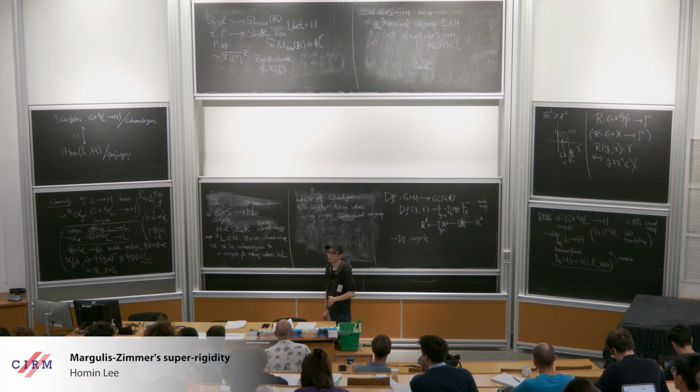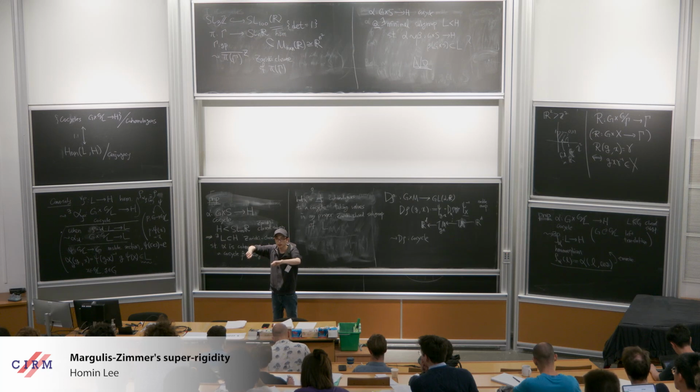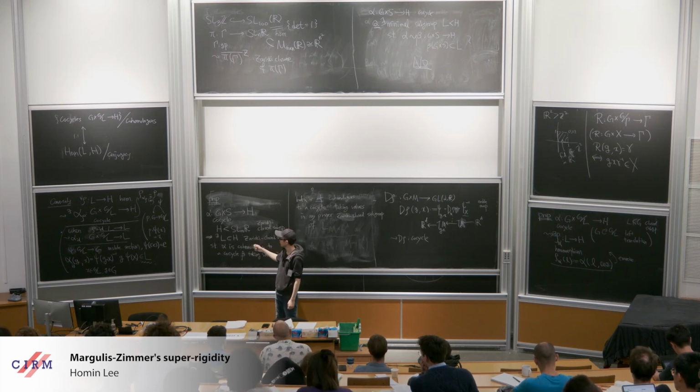No, we don't know. A priori the image of alpha can be Zariski dense, but up to conjugation, up to cohomology. That's the difficulty.